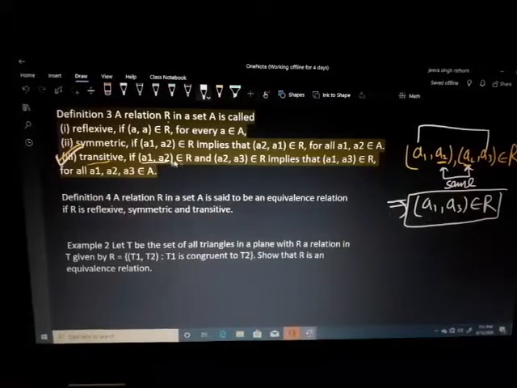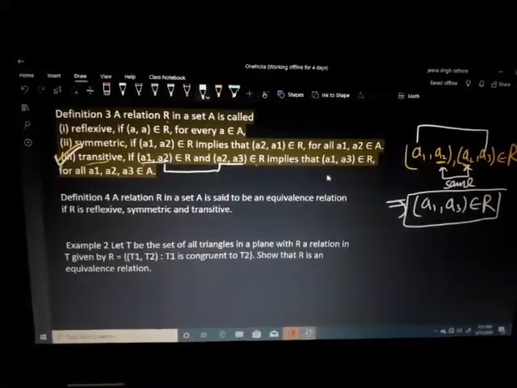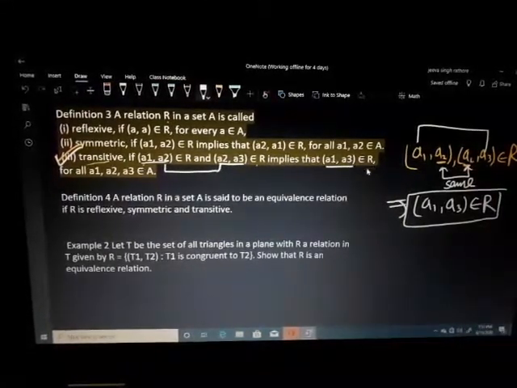If (a1, a2) belongs to R and (a2, a3) also belongs to R, this part being the same, then (a1, a3) must be present in R. Then we can say this is a transitive relation.